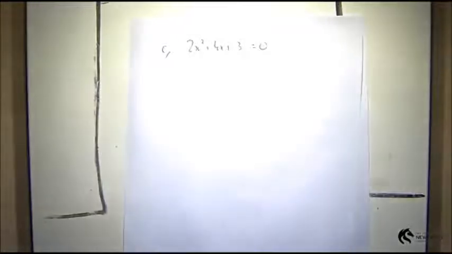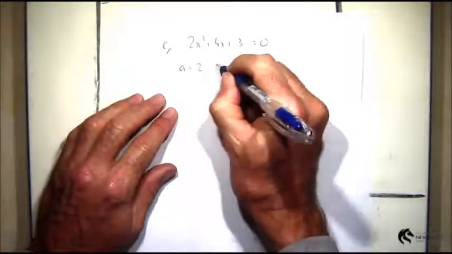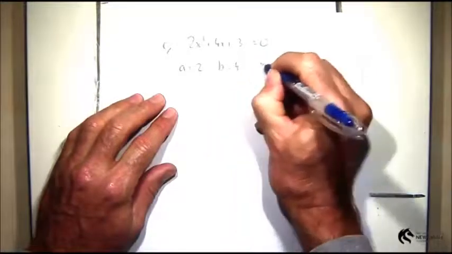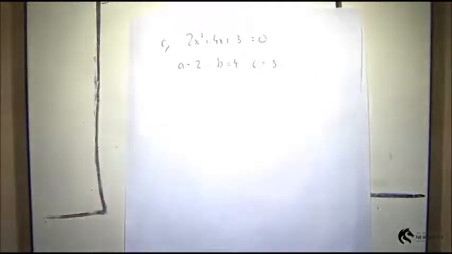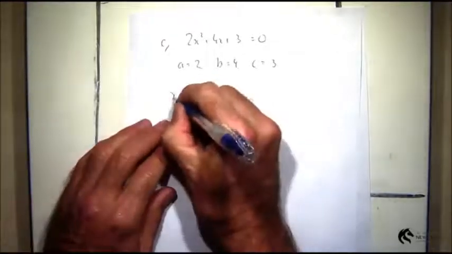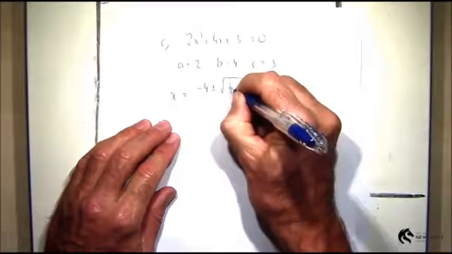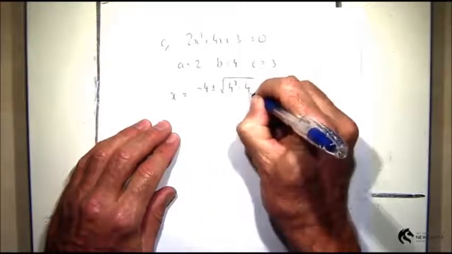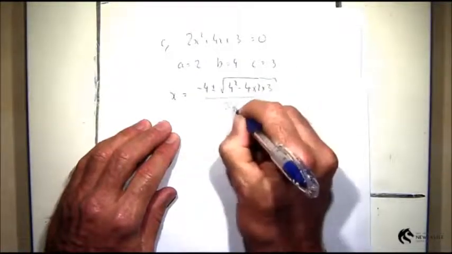And that would drive me batty there. Let me straighten that up. So in this case, the coefficient of x squared is 2, the coefficient of x is 4, and the constant term is 3. So I have A, B and C. And then I substitute into my formula, and I get x is equal to negative b plus or minus the square root of b squared minus 4 times a times c, all on 2 times a.